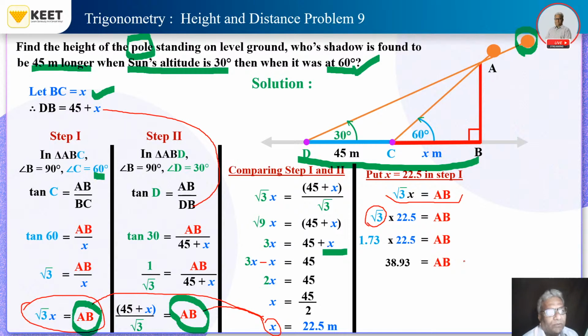So with this, we got the height of the pole which was asked in the problem, that is, find the height of the pole standing on level ground whose shadow is found to be 45 meters longer. So this was your pole height. The problem has been completed. So AB is equal to this part.